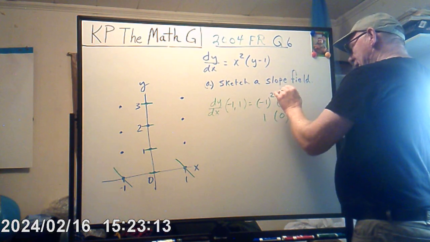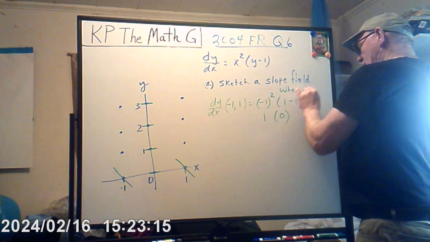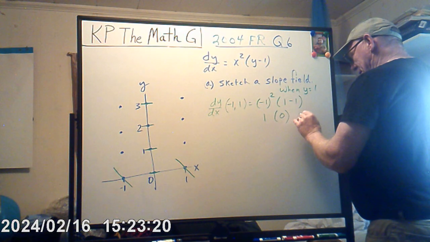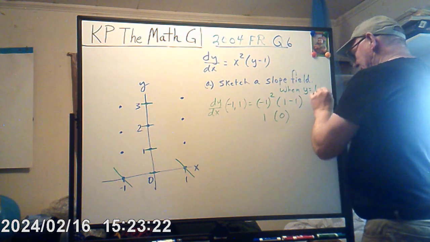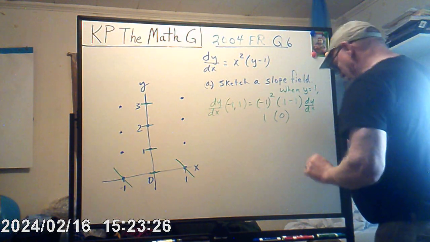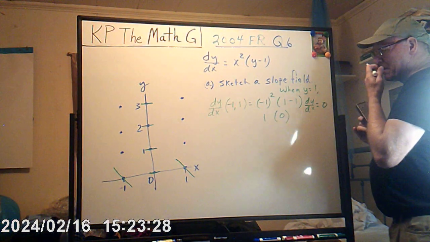So when y equals 1, the slope dy over dx is equal to 0.